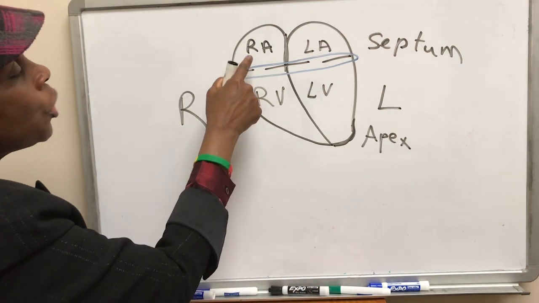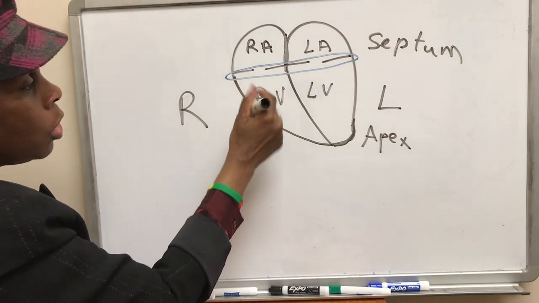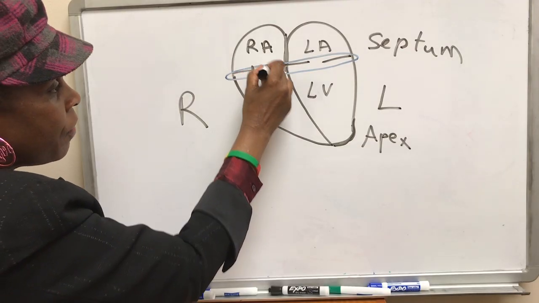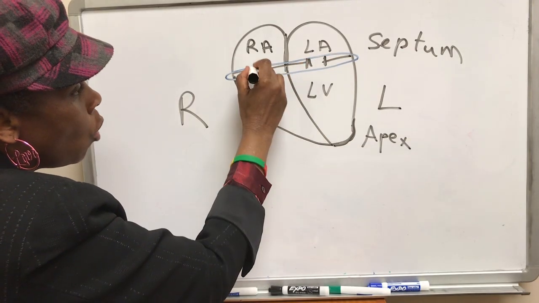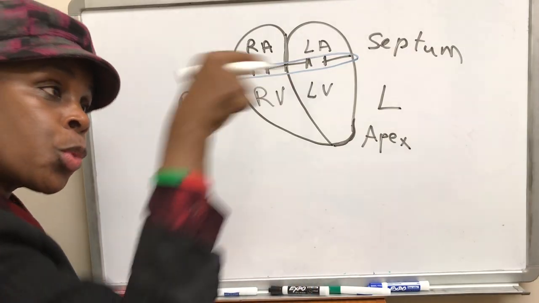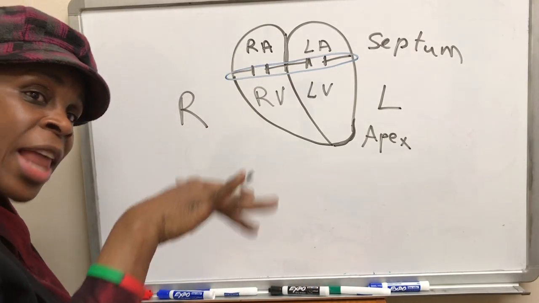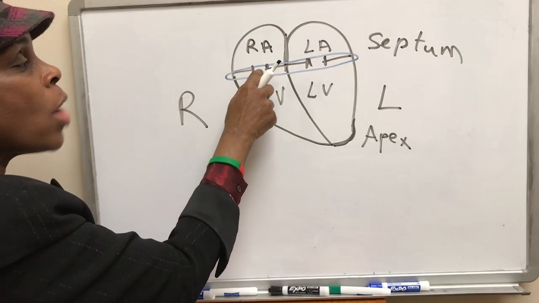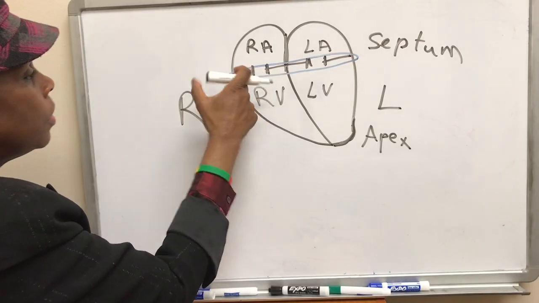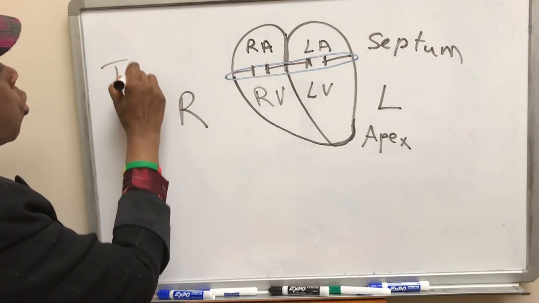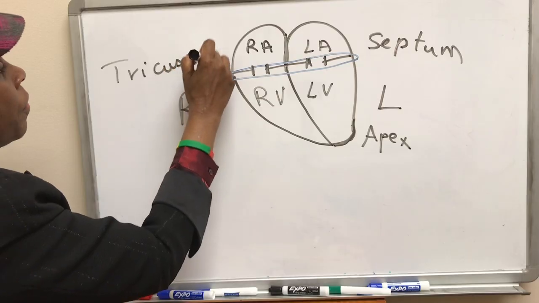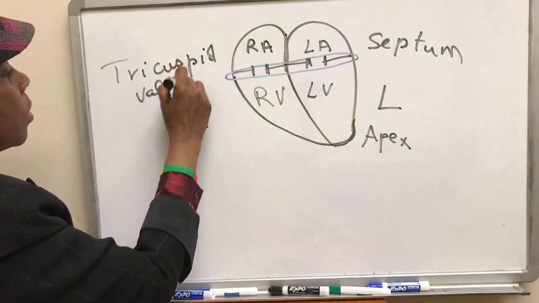Now, between the right atrium and right ventricle, I have a valve, and this valve on the right side has 3 little openings, like 3 little flaps. We call it the tricuspid valve. This one on the right side is called the tricuspid valve. Okay?